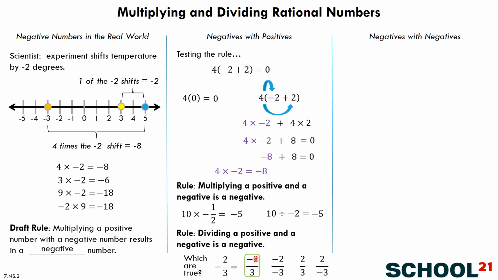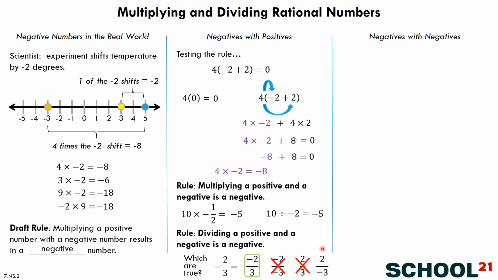So when you have a negative and a positive, it becomes a negative. Following? Yeah. Okay, good. This one we don't really know, but it can't be the same thing because it's just a little bit different, but with a negative. So we're going to cross that out and say that's probably not true. Now, does negative 2/3 equal 2/3? No. So we know a positive divided by a positive is not a negative.